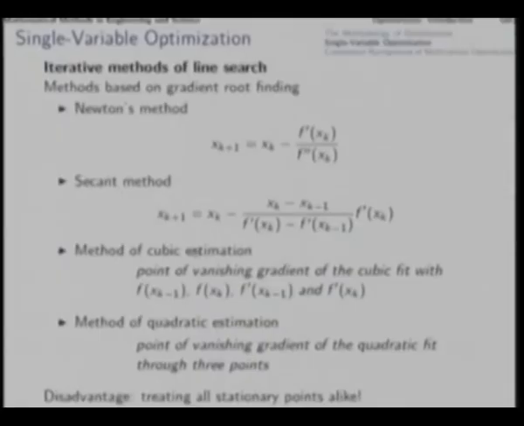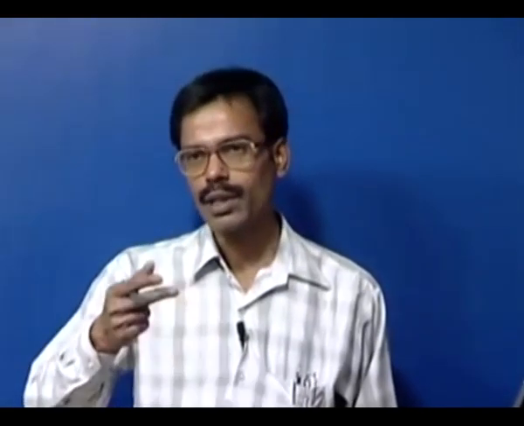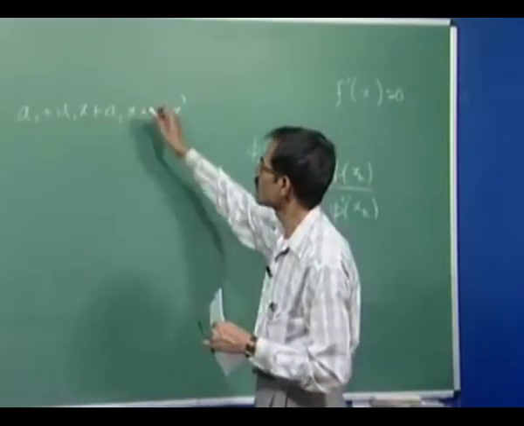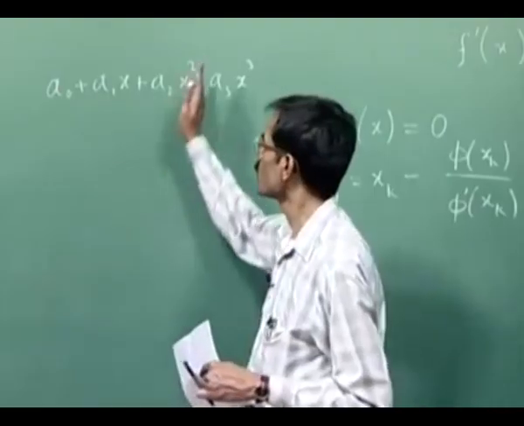Similarly, there is also a method of quadratic estimation that operates not with derivatives at all, but only with function values, at 3 points. So, to begin with, you need to prescribe 3 points to this method, and through those 3 points, only with the help of function values, the algorithm frames a quadratic a0 plus a1x plus a2x square, only up to this.